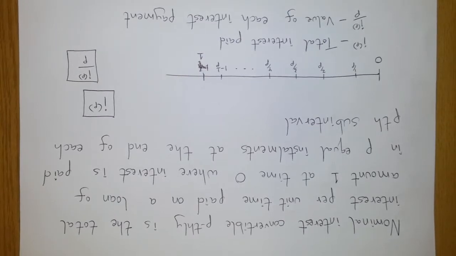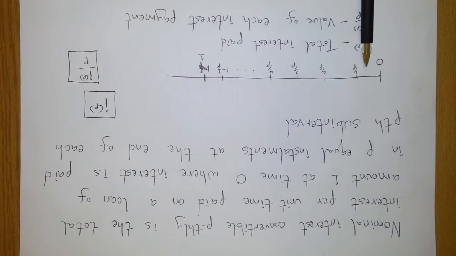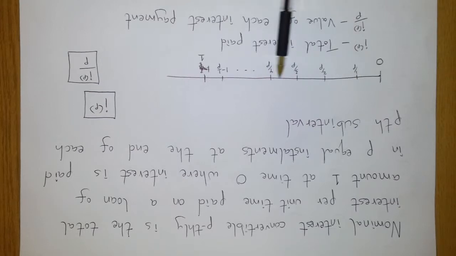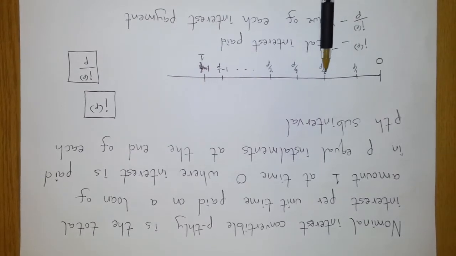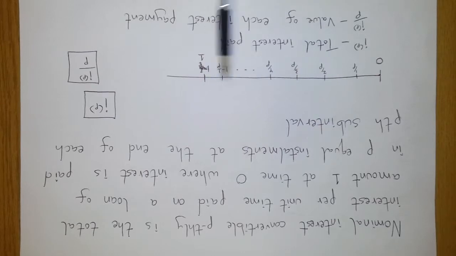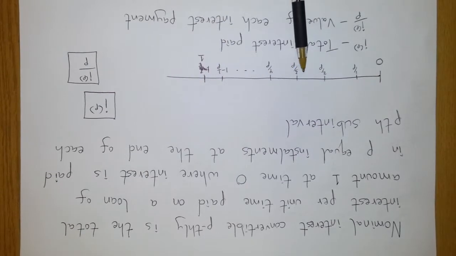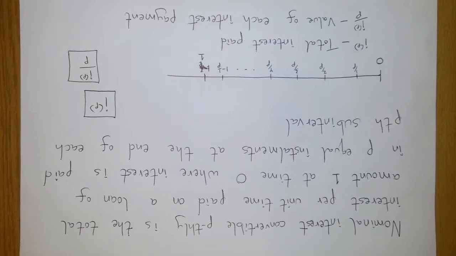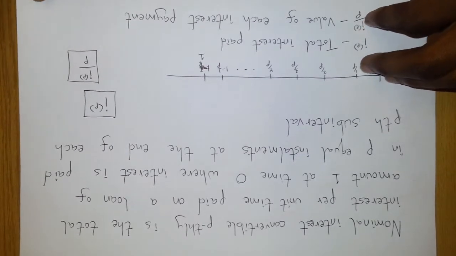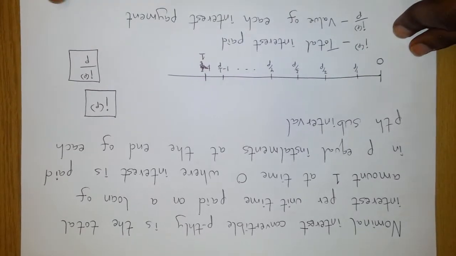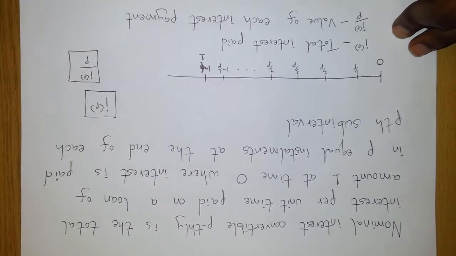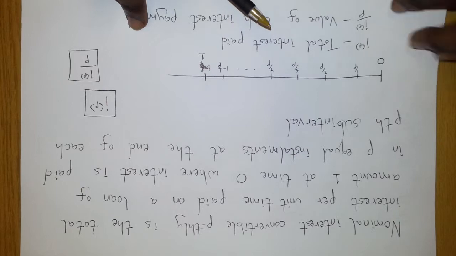If we take an example where the interest received here earns further interest such that it is compounded for the remaining period up to time 1, and the interest received here is compounded for the remaining period up to time 1, and the same applying for the other interest payments throughout the period, we will end up with the effective interest when all the interest earned and the further interest earned on the interest is added up throughout the whole year.